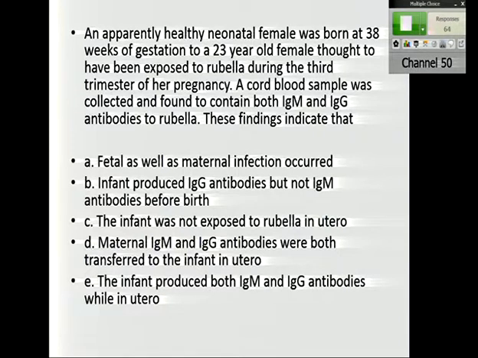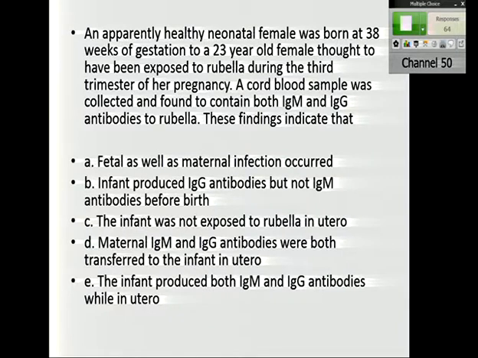Cord blood is connected, and you find that there is IgM and IgG. What is the most appropriate option here? Let's look at each one of them. Fetal and maternal infection occurred. Do you agree? Why? Maternal infection, they have mentioned it there. Why do you say that the fetal infection also occurred?